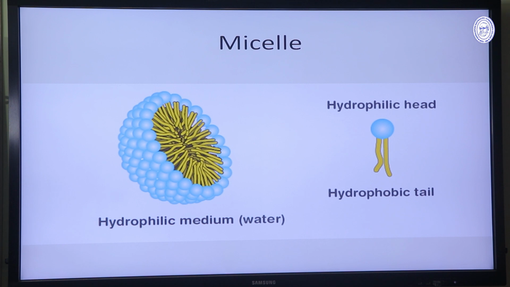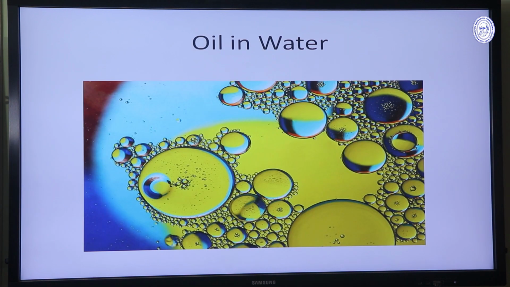This kind of structure is called a micelle. We have seen that if we put oil into water, this kind of bubbles will form where the hydrophilic head regions orient themselves towards the water medium, while the hydrophobic tail regions get buried inside the bubble.